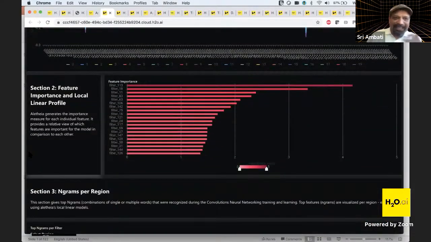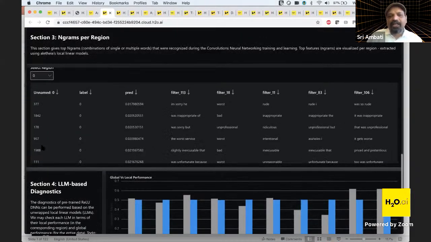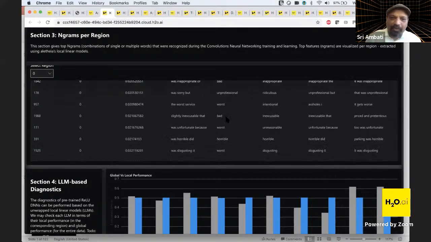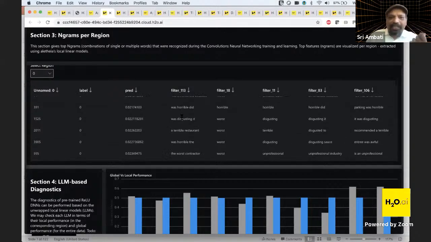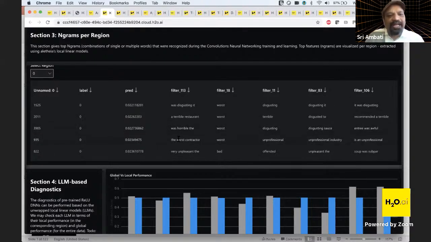And in the locally linear model, you can absolutely pull out the importance by filters. Of course, historically, these filters are not broken down by sections of sentences and words and n-grams. What you're able to pull out for the first time almost is that ability to go down to the cluster of words that have that meaning that led to a bad review.